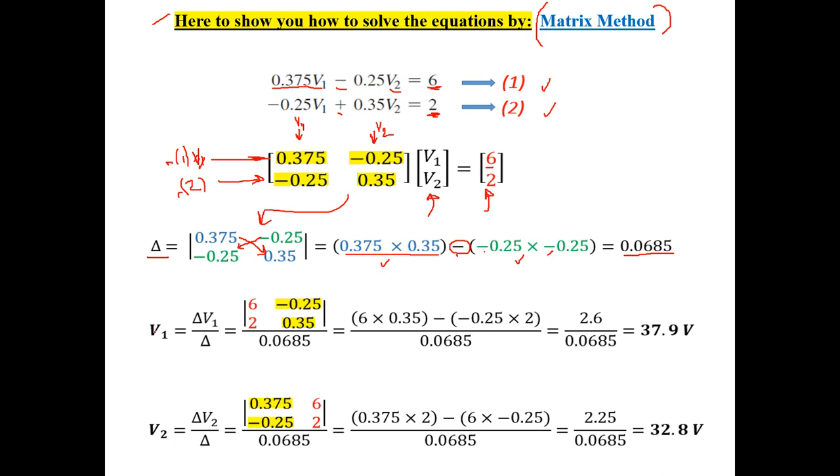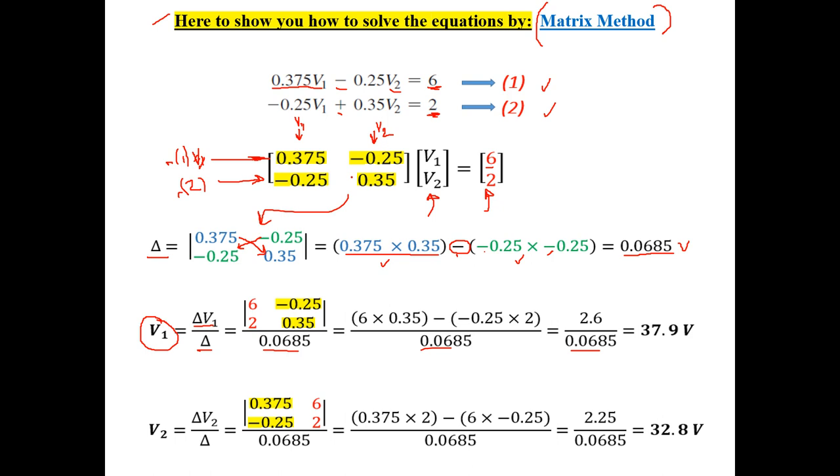Now let's go and find our V1. V1 is equal to delta V1 over delta. For the delta we know the value, which is 0.0685. Done. Let's now find delta V1. Go to the first matrix here.